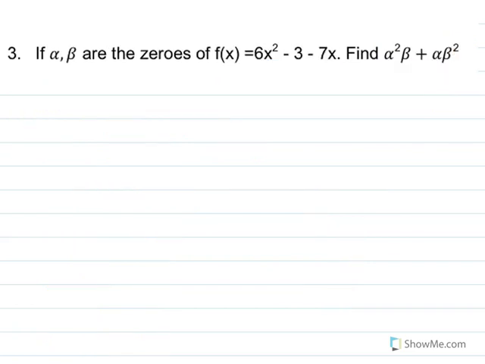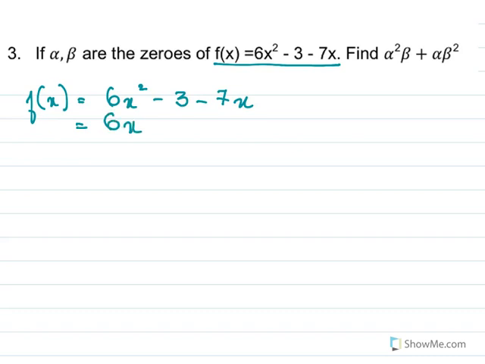If alpha and beta are the zeros of the polynomial, find alpha square beta plus alpha beta square. Now the polynomial f of x is 6x square minus 3 minus 7x. Now it's important to put this polynomial in order. So after 6x square will come minus 7x minus 3.